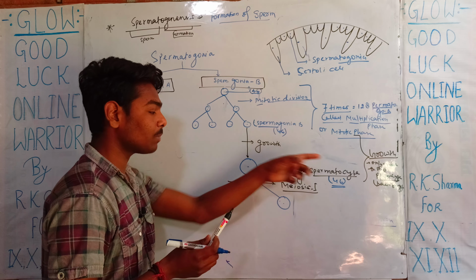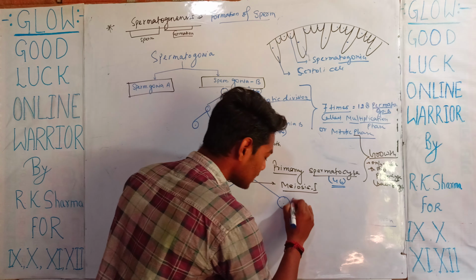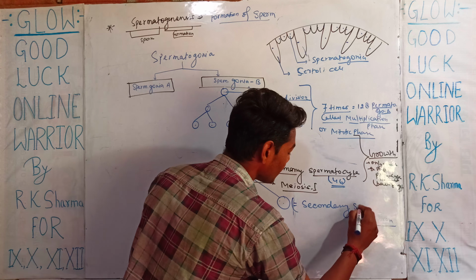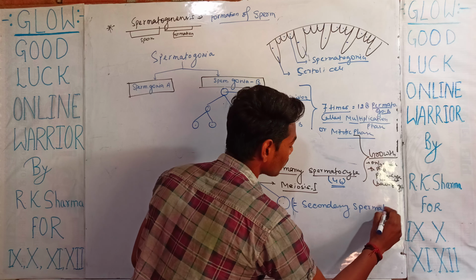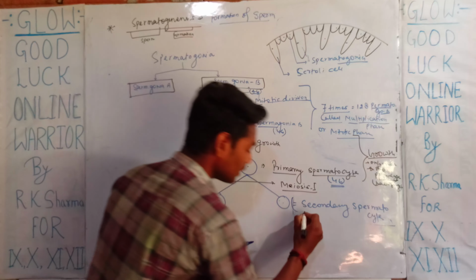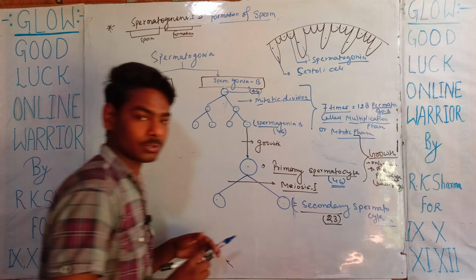The primary spermatocyte undergoes meiotic division and forms the secondary spermatocyte, and this has 23 chromosomes.